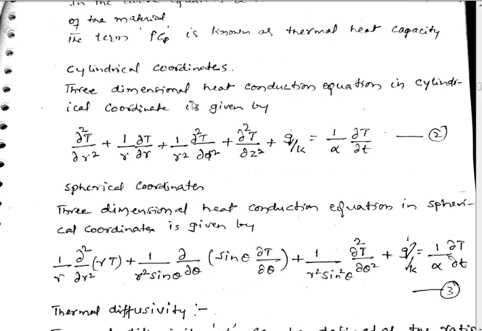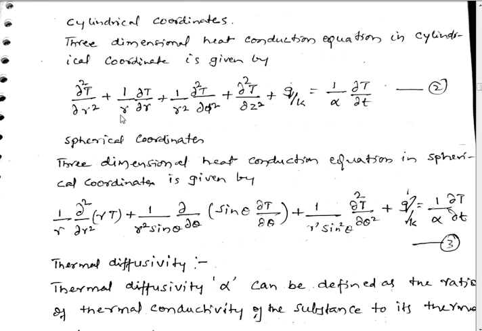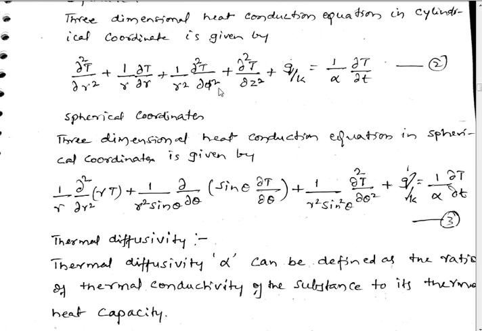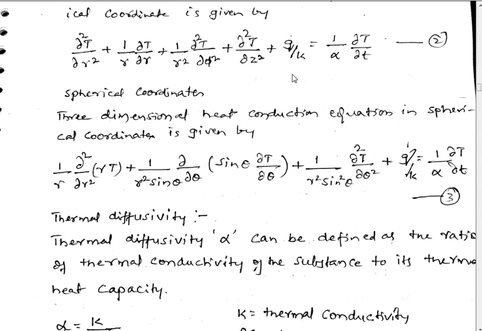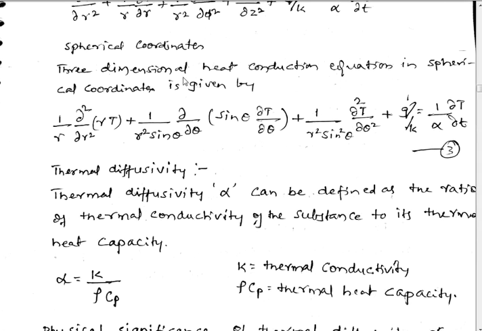For the cylindrical coordinates, the three-dimensional heat conduction equation is given by this equation: dou square T by dou r square plus 1 by r dou T by dou r plus 1 by r square dou square T by dou phi square plus dou square T by dou z square plus q dot by k is equal to 1 by alpha dou T by dou t.